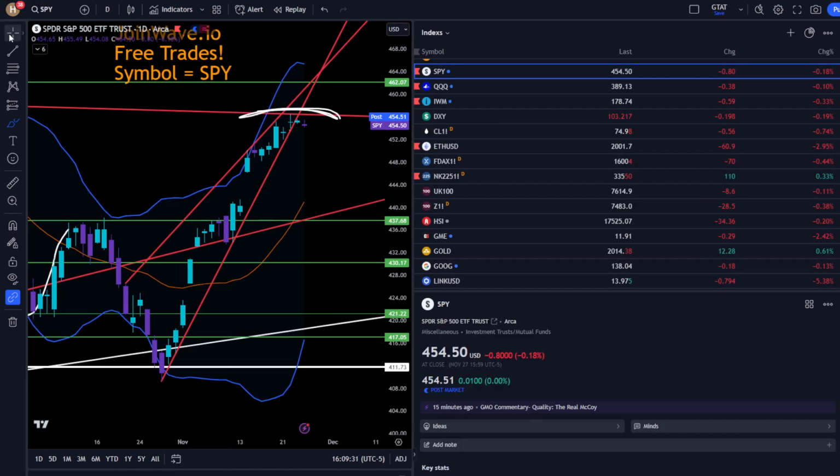Essentially the real key levels moving forward: first of all, it's tough to see how long we're going to maintain in this range, meaning 452 to 455. How long are we going to stay in this range? Very, very tough to tell, right? But the main level of support to the downside is 452. If we break below 452, then there's 450. And then the big one below that is 447.